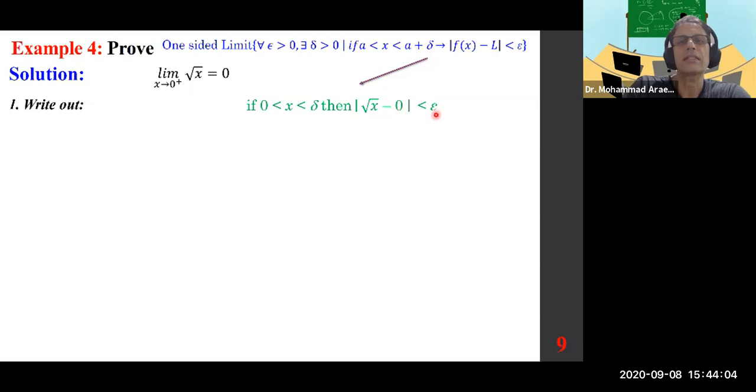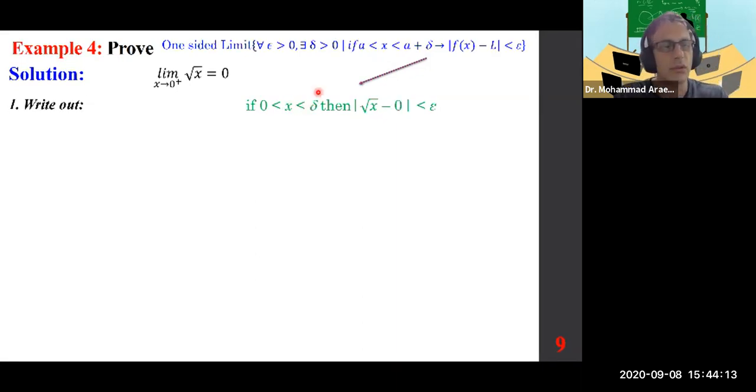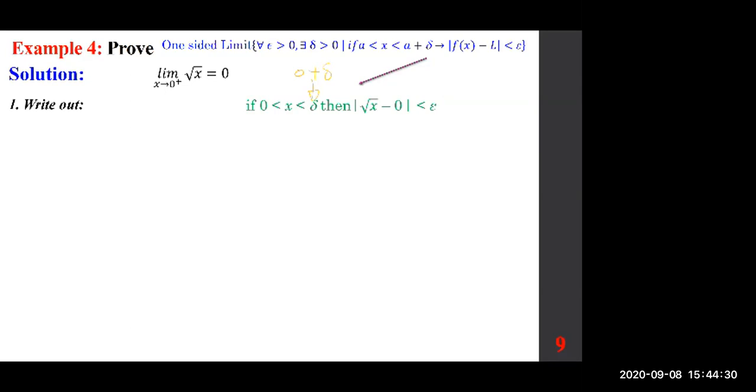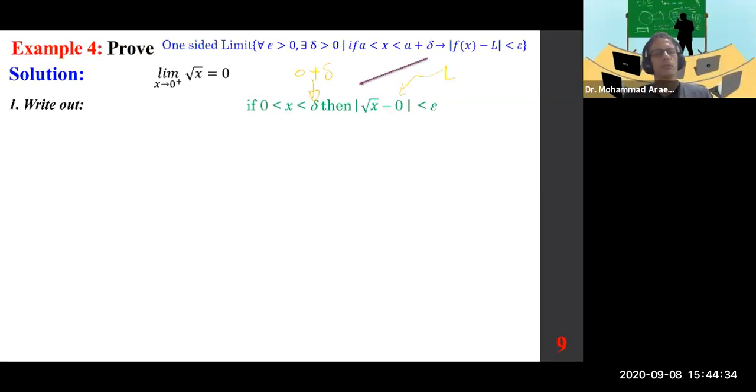Now, what is a, everybody? A is 0. So remember, this is 0 plus delta. So you can think of this as a plus delta, and a is 0. And then, of course, this is L, and L happens to be 0 also, okay?